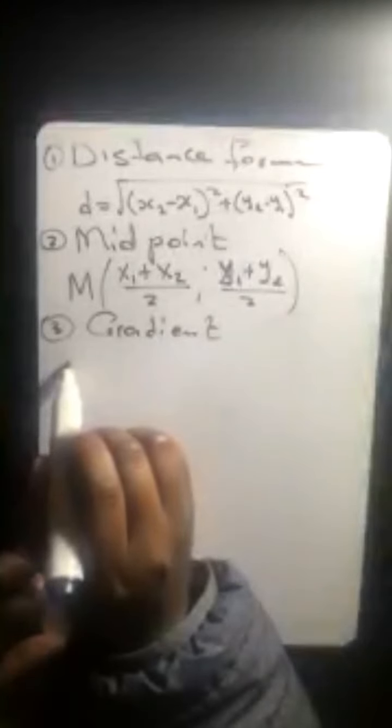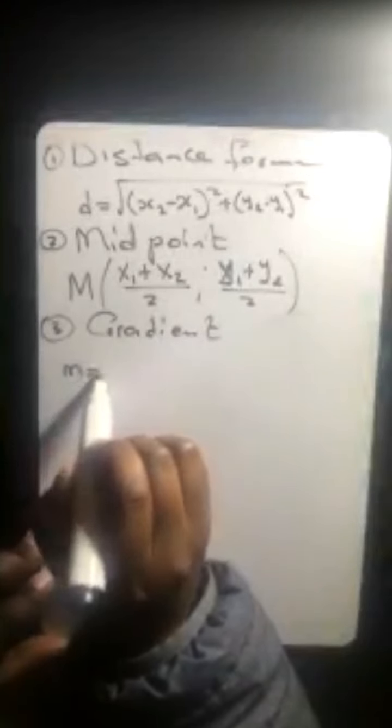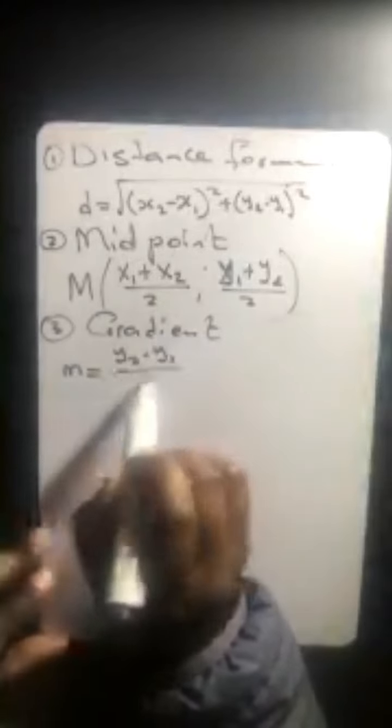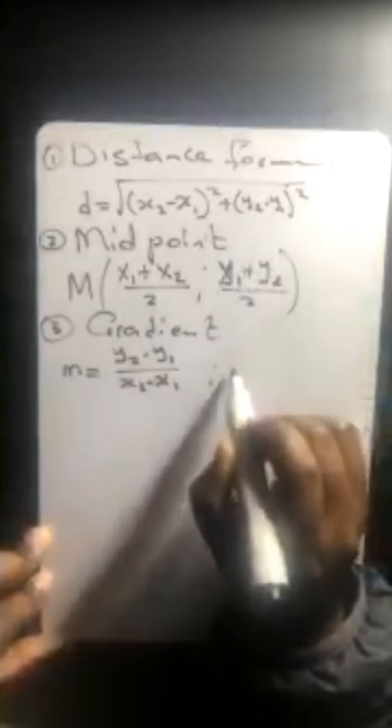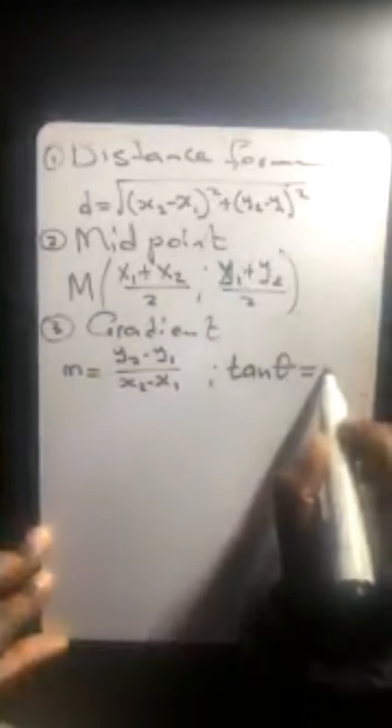The other one is where we say, let's say small letter m representing the gradient, is equal to y2 minus y1 over x2 minus x1. And again, we said the formula for the gradient could be tan angle is equal to the gradient.